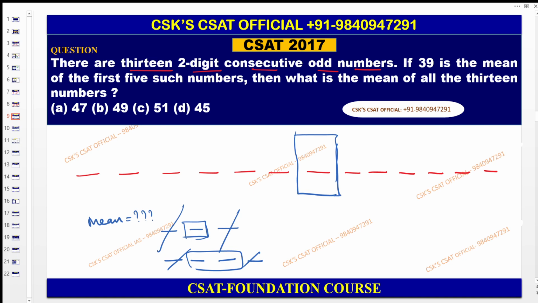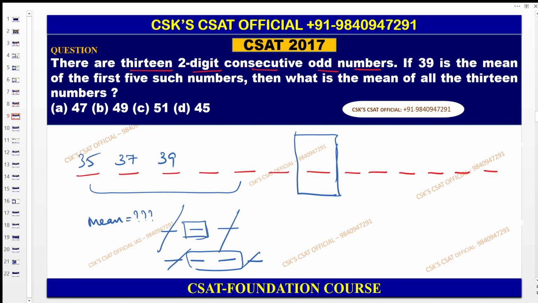Simple here. Read it carefully. If 39 is the mean of the first 5 numbers, you take the first 5. Mean means the left side 2 persons and the right side 2 persons, then place the mean here. Consecutive odd numbers, right? Then it would be 37, here 35.